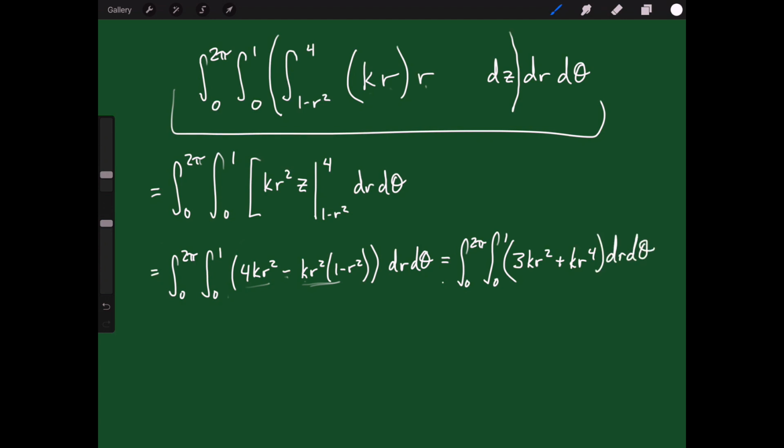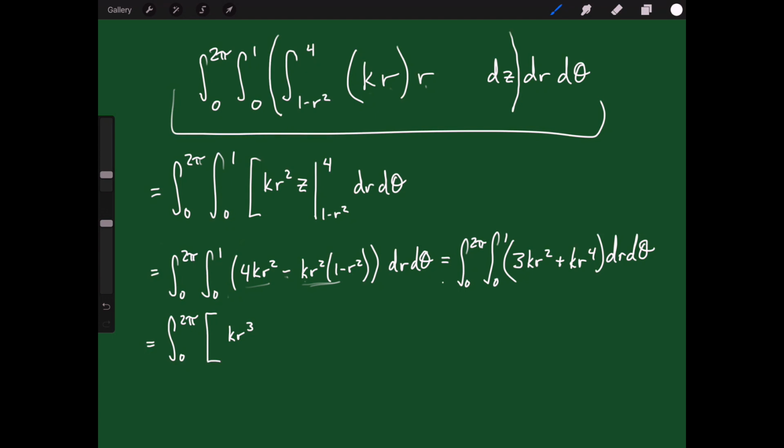Now I'm ready to take an antiderivative of this with respect to r. So let's do it. I still have this integral from 0 to 2 pi hanging out. And then I take the antiderivative of 3kr squared with respect to r, and I get kr cubed.